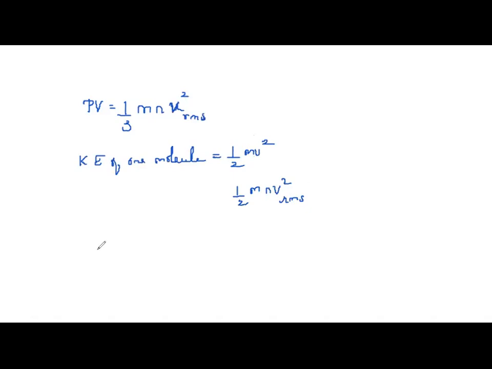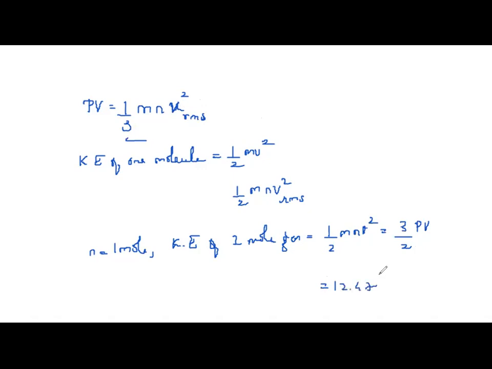If n is equal to 1 mole, then kinetic energy of 1 mole of gas is half m n v², and that will be equal to 3/2 PV, because PV is equal to 1/3 m n v². The solution of this comes out to 12.47 joules.